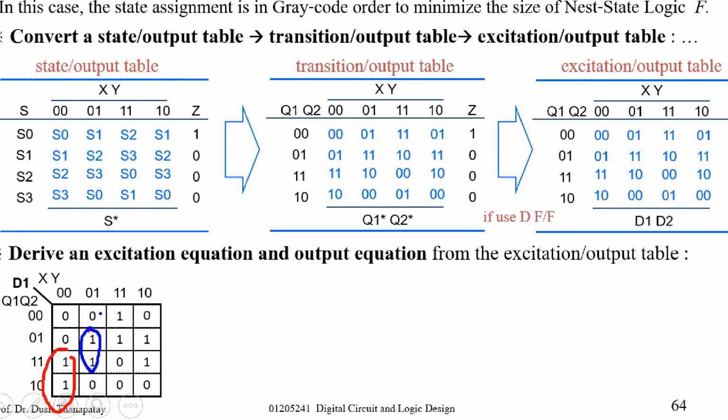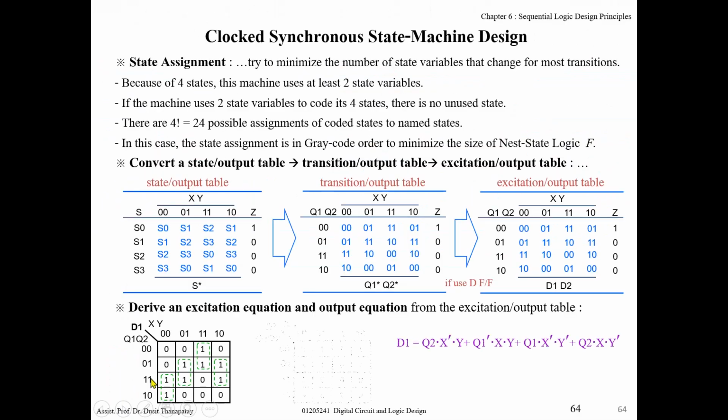Maybe select this one: x prime, y, and q2. And this one is x, y, and q1 prime. And this term is x and y prime and q2. So we get the equation for D1.